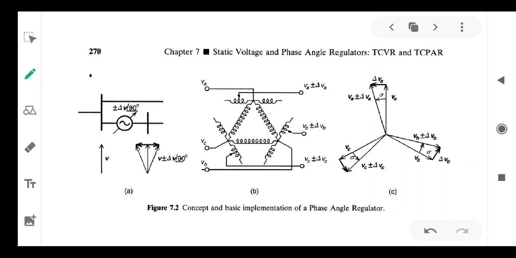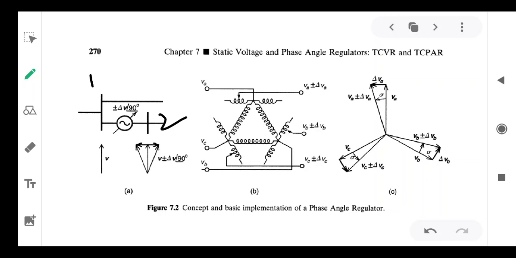Here bus 1 as usual, this is bus 2. So bus 1 will have the voltage V at a specified angle. So let us have V at an angle 0. The phase angle regulator is connected in series with the line.